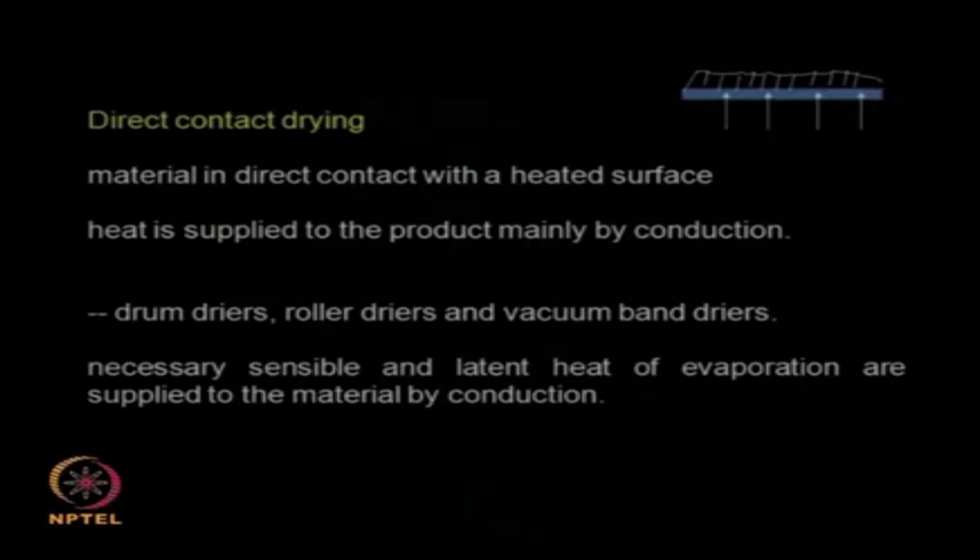You have a drum rotating, the hot drum, the wet solid comes in contact with it, it gets dried, and the solid falls away from the surface of the drum. So the surface again is clean to take up more wet material. Roller dryers, belt dryers, band dryers, all these come under that category. The solid is in direct contact with the heated surface.